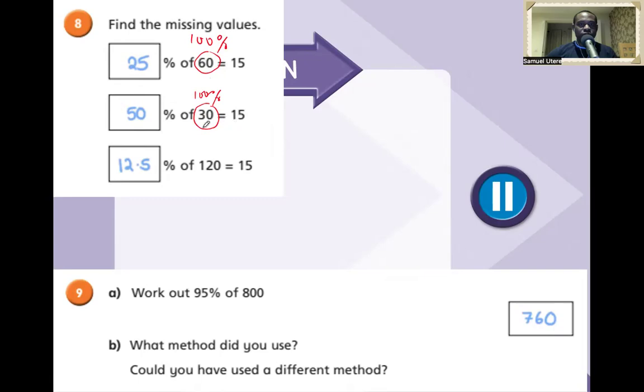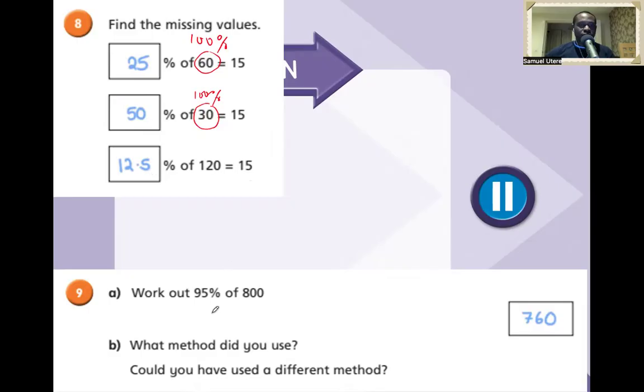No, that's 2 lots, 30. So 15, 30, and then 2 times, and then 4 lots, no, 8. So 8 lots of that will give us 120. So it means we need to divide 100 by 8 to get the percentage.